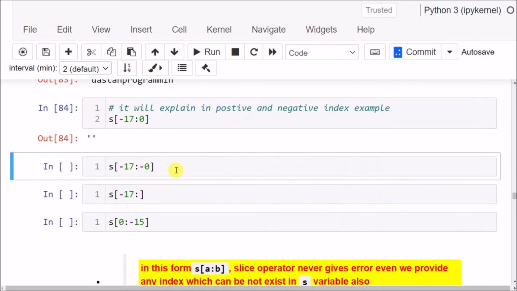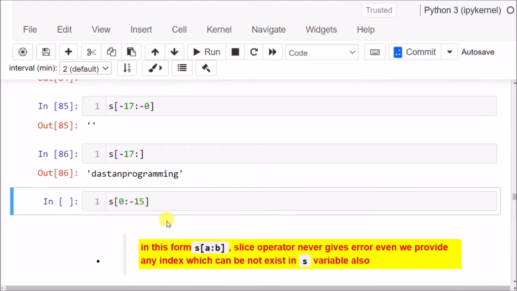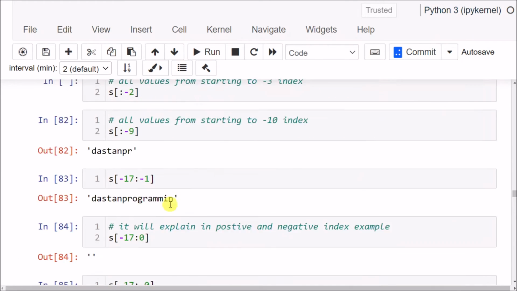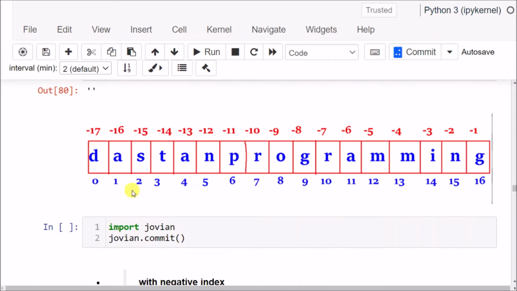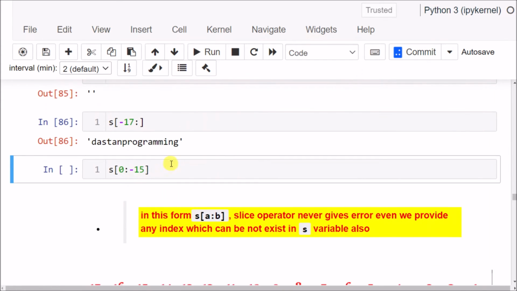In the same way, -0 means 0 only. And here -17 to all values, that is Dastan programming. And here 0 to -15. What does 0 to -15 want? 0, 1, DA only, because before -15 we have to print all values. It is DA only, so it will return DA.